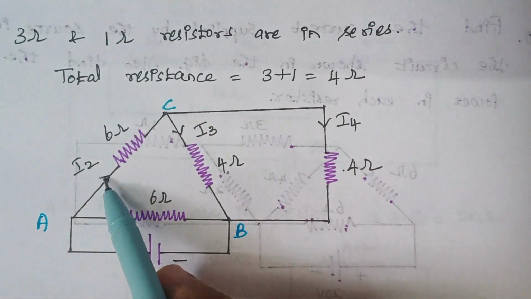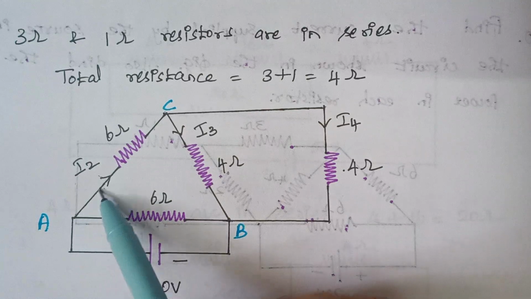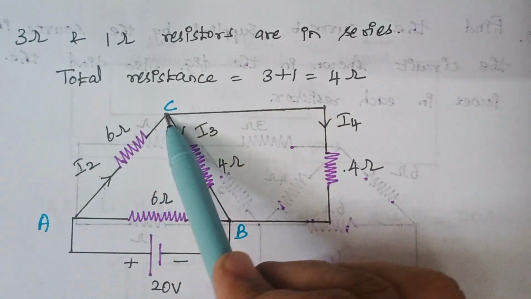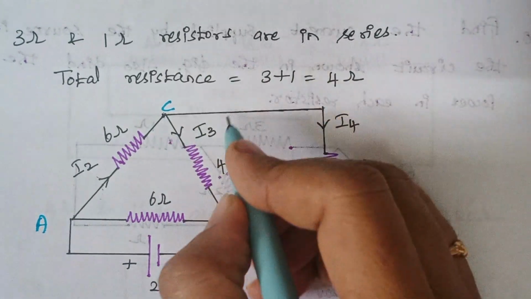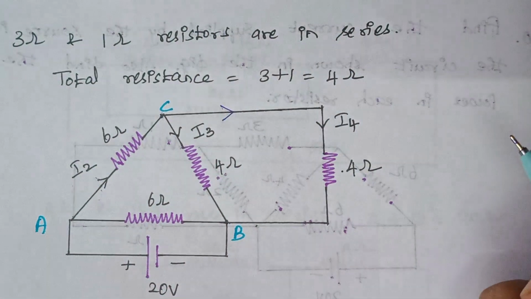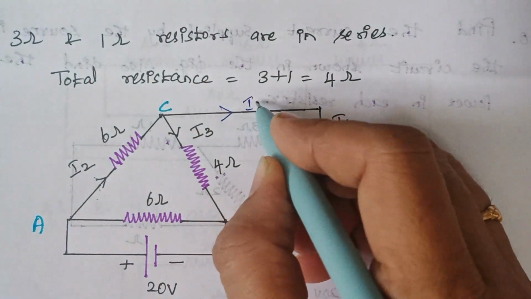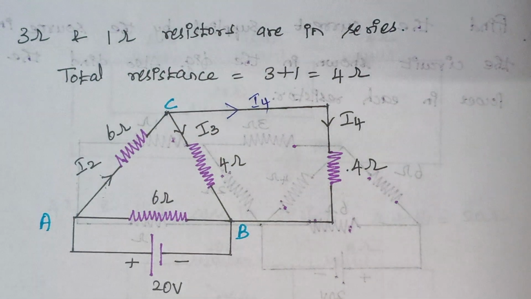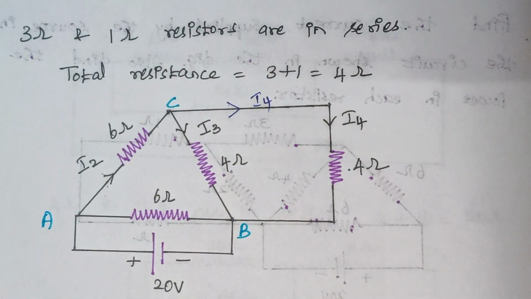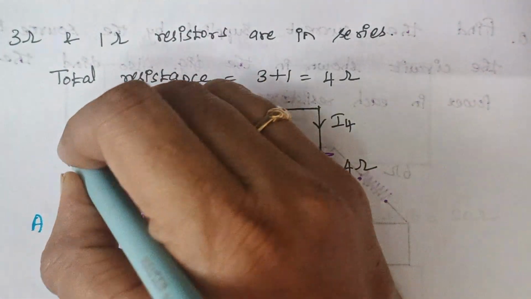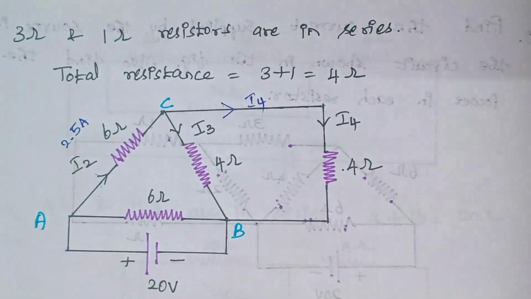Right. Now, again, look back at this circuit. We know the value of I2. This I2 flows and reaches the point C. At point C, it gets divided into two, one as I3 and another one as I4. So what is the value of I2? I2 is nothing but 2.5 amps here.